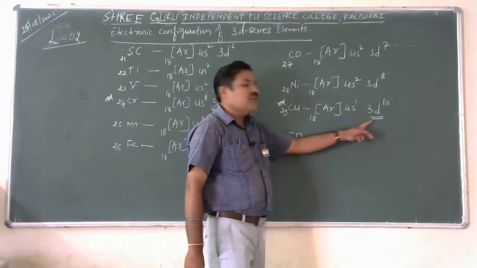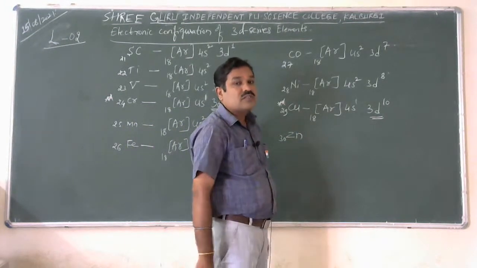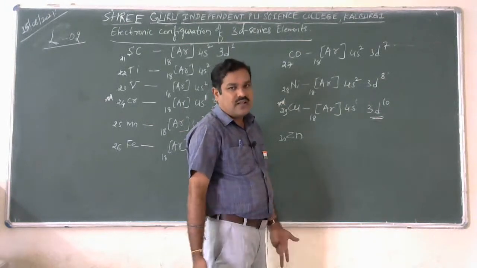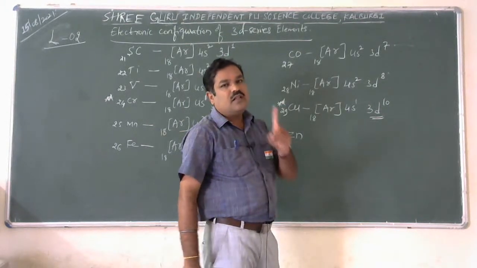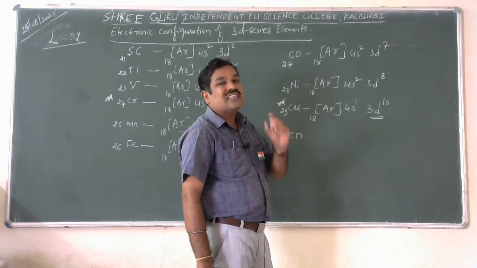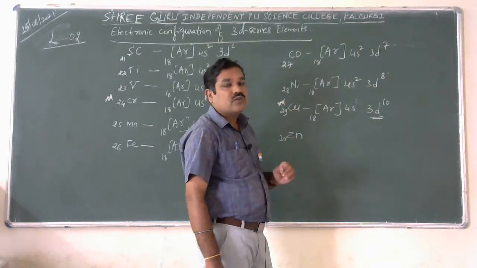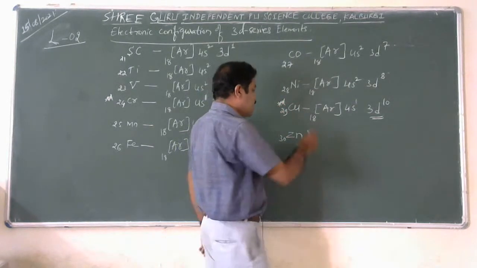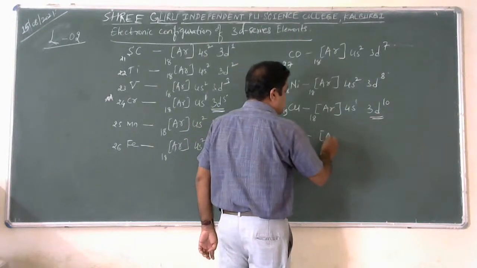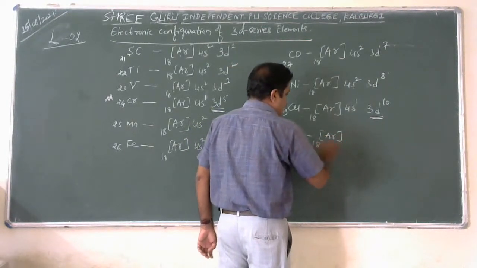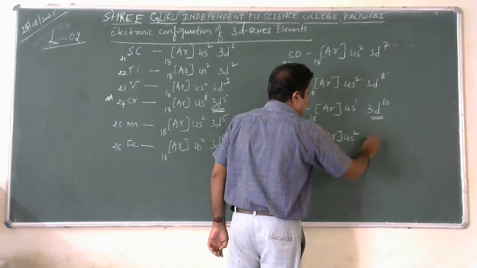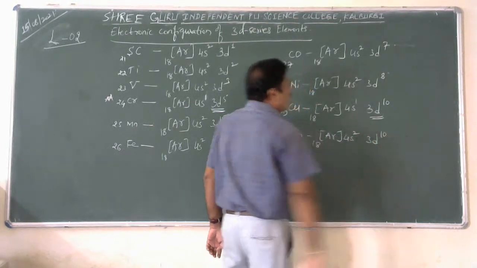Then here completely filled orbitals are stable. Why? Due to symmetric arrangement, right? Therefore, half filled orbital and completely filled orbital gain extra stability according to Hund's rule. Then coming to lastly, zinc: Ar18, 4s2, completely filled 3d10, over.